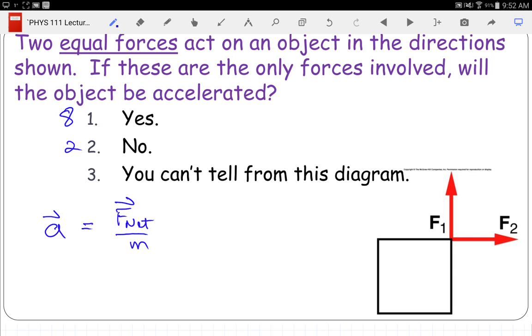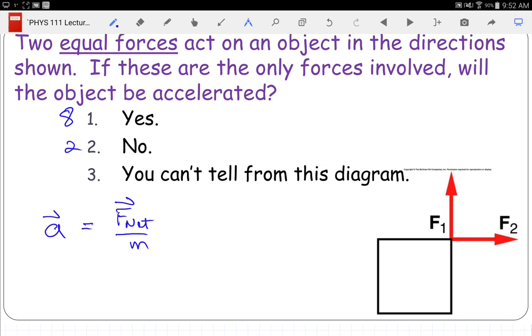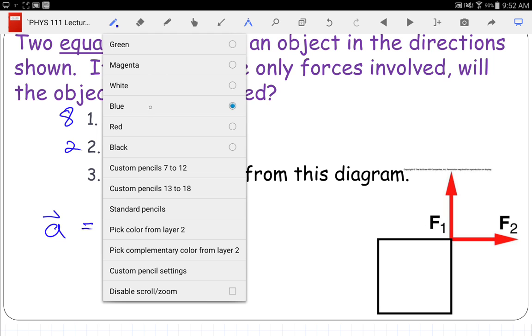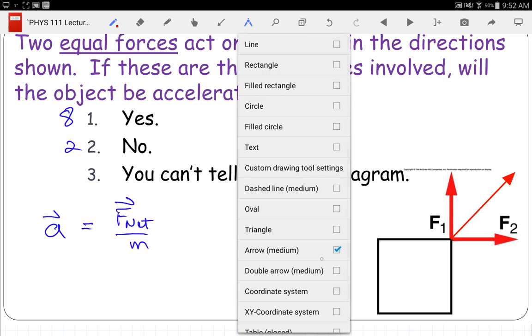If I add those up, those are not going to add up to 0. In fact, I know what they're going to add up to, because when you add vectors, you add them tip to tail. So it goes over as far as F2 did and as high as F1 did. And that is going to be my net force.